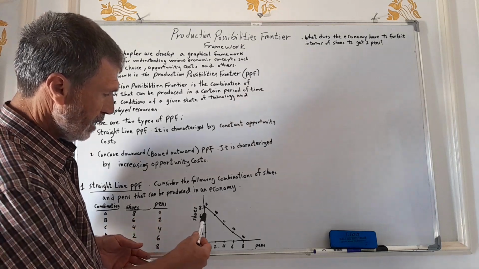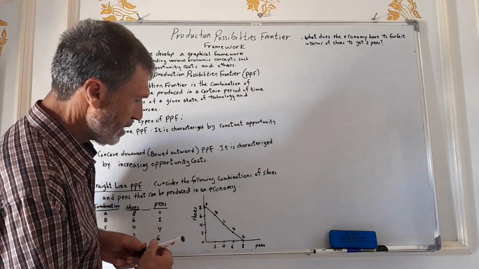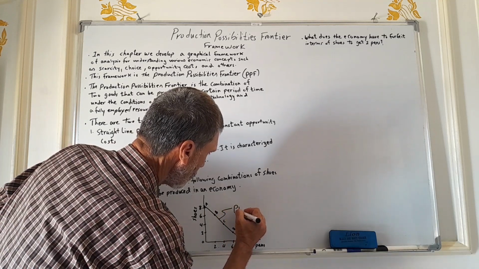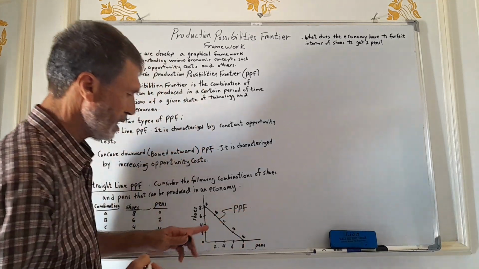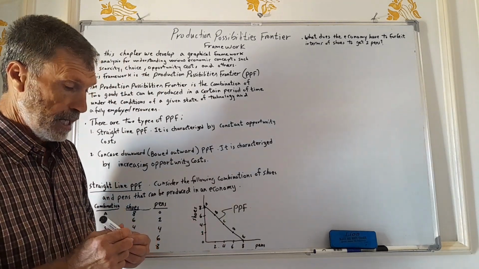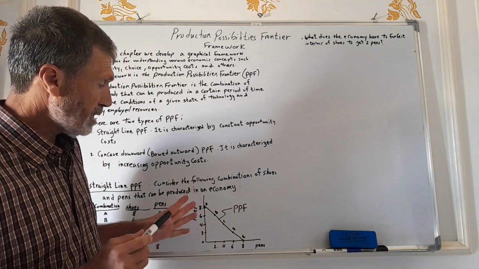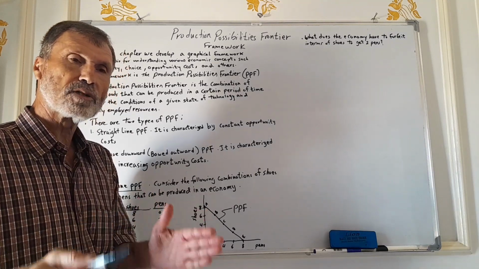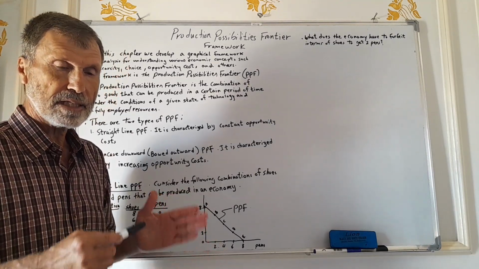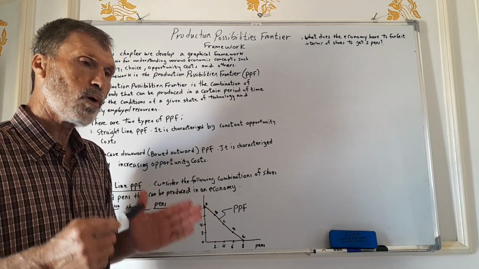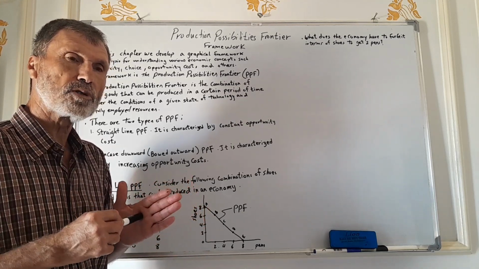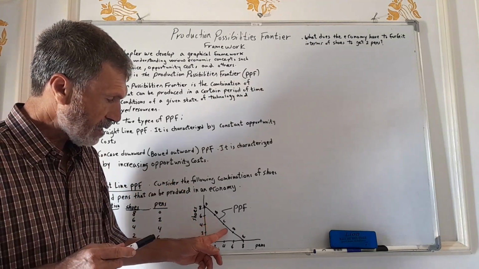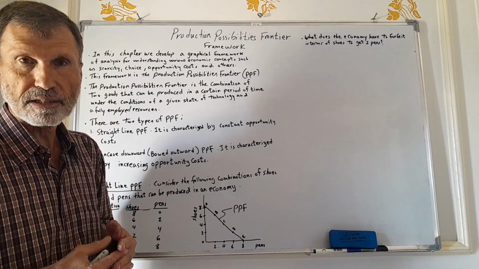So as you can see, it is a straight line PPF. This is called PPF here. Now, to illustrate, we said that when we have a straight line PPF, it means we have constant opportunity cost. Let us illustrate what constant opportunity cost means. How do we verify that this straight line PPF has constant opportunity cost?